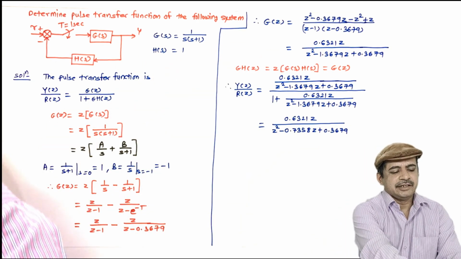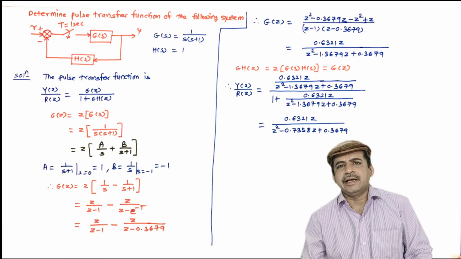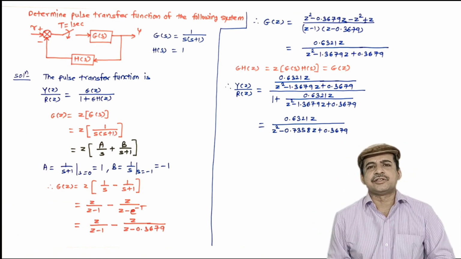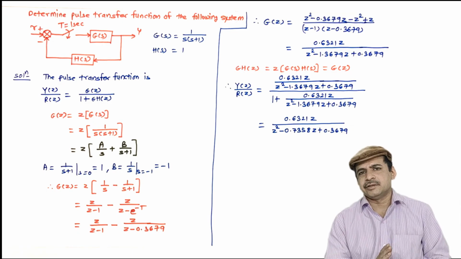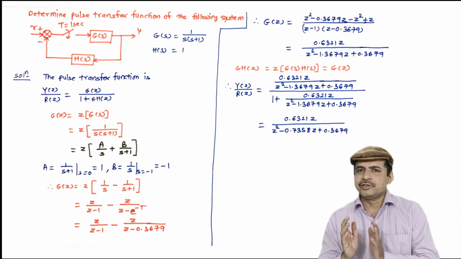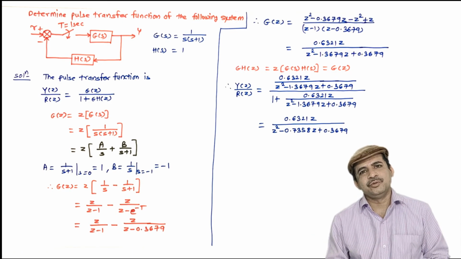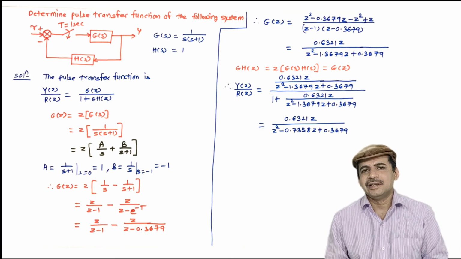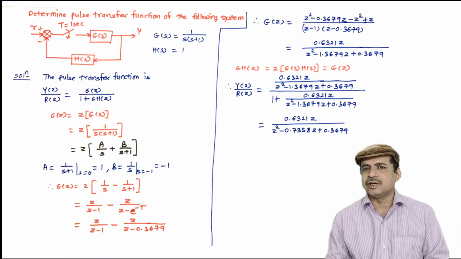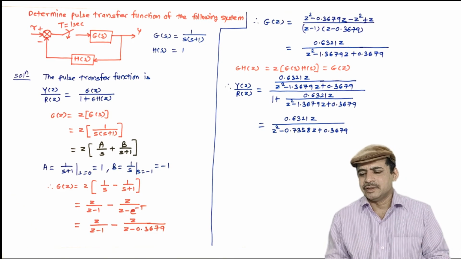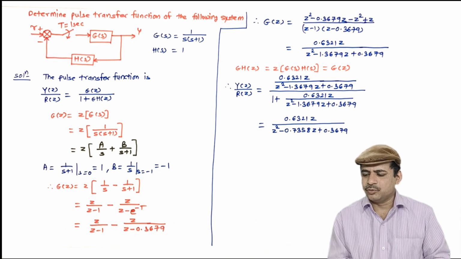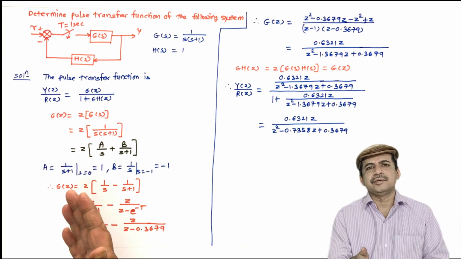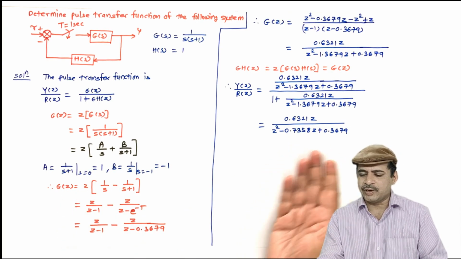But in practice, this case may not appear, as whenever you go for a digital control system, after the digital controller there will be a zero order hold. So you will have a system with zero order hold, and in that case you have to include that formula and proceed further. And even if you want to find out now the poles and zeros of this system, you can find out.